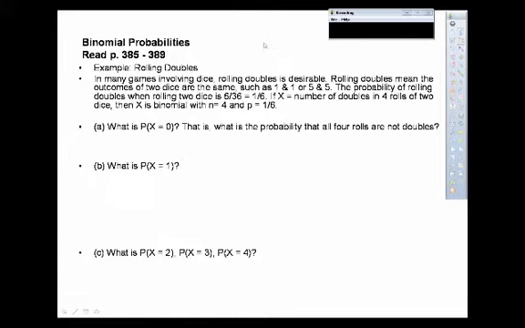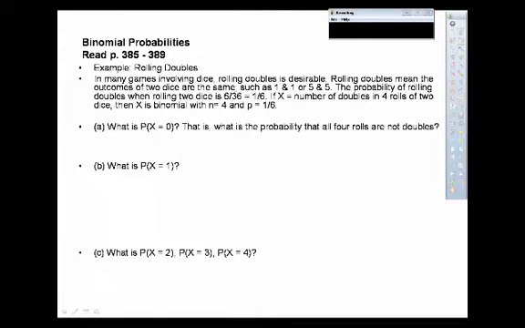All right, so binomial probabilities. Here's our example. In many games involving dice, rolling doubles is desirable. Rolling doubles means the outcome of 2 dice are the same, such as a 1 and a 1 or a 5 and a 5.